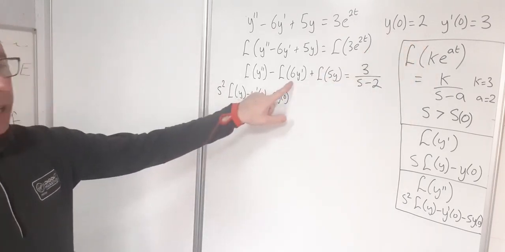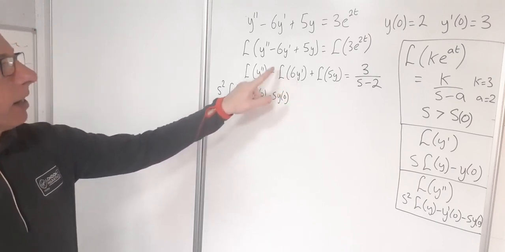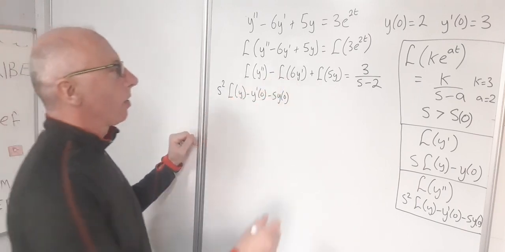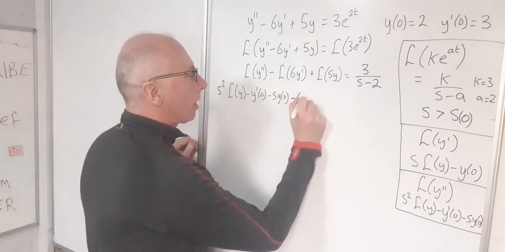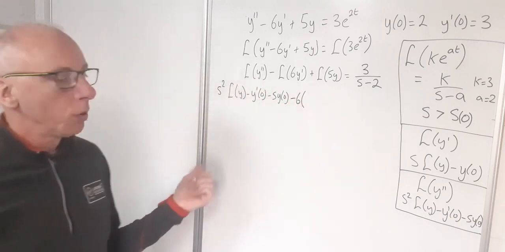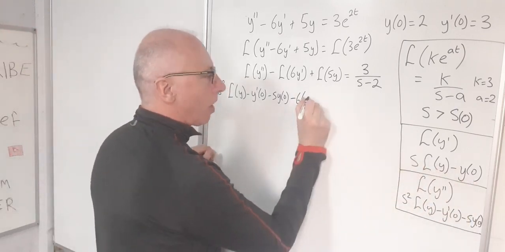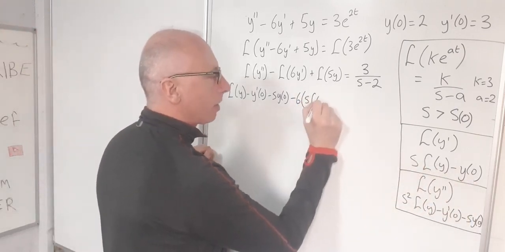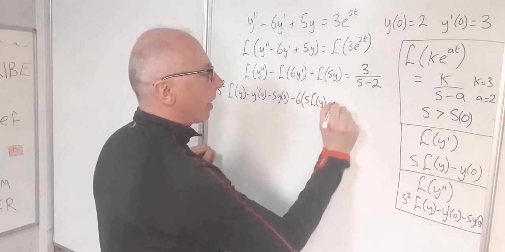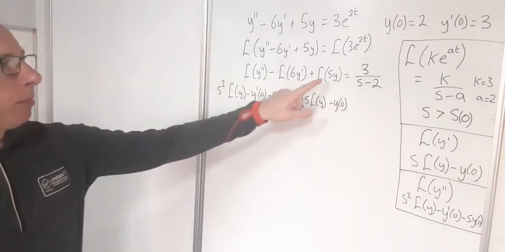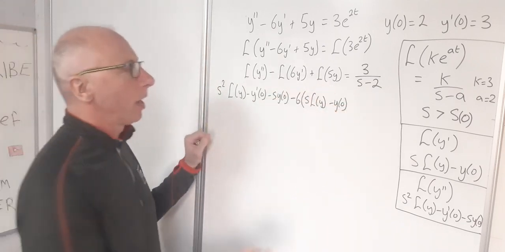So now this one here, I can take that constant out, so I can multiply everything by 6. So now I've got minus 6 times, so multiply everybody by this, and I've got these ones here. So I've got s times the Laplace of y minus y at 0, and then I've got plus 5 times the Laplace of y.